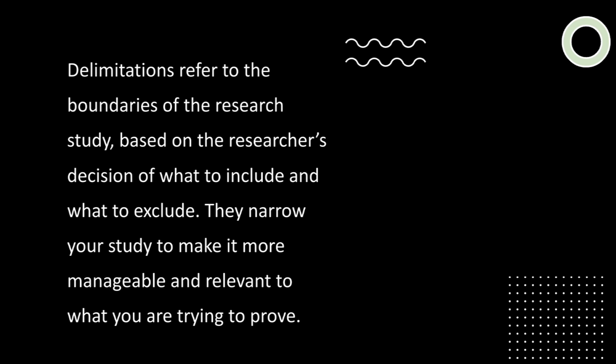They narrow down your study to make it more manageable and relevant to what you are trying to prove. In short, we can say delimitations are decided by the researchers themselves.